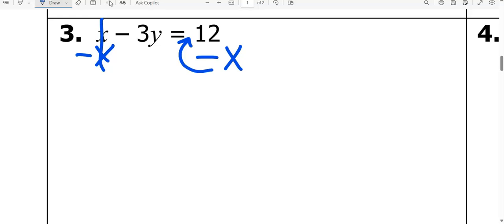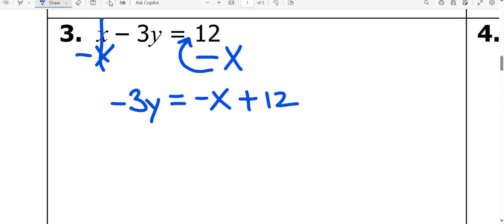I draw a little arrow. Bring down negative 3y equals, and now the minus x goes first. The plus 12 goes second. Okay, so step 1, opposite x to the other side, put it in order.